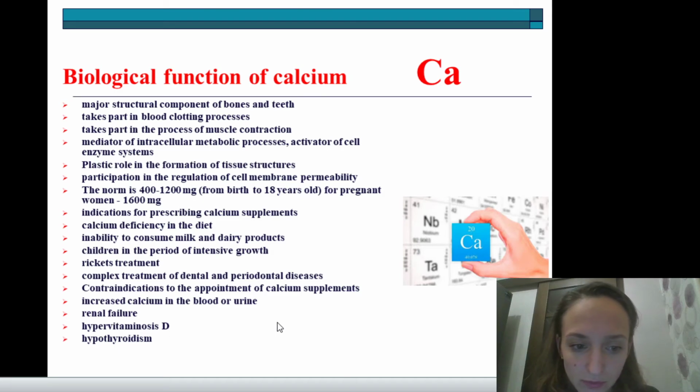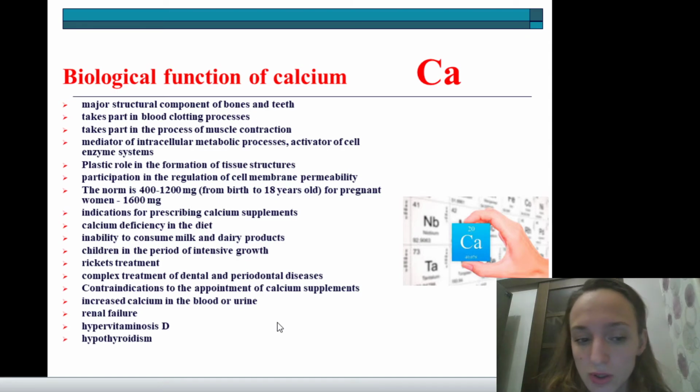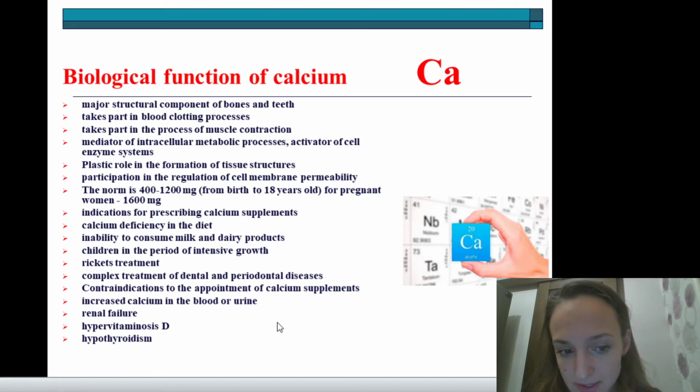And the norm is 400 to 1200 milligrams, and for pregnant women it is 1600 milligrams. Indications for prescribing calcium supplements: children in the period of intensive growth, rickets treatment, complex treatment of dental and periodontal diseases.